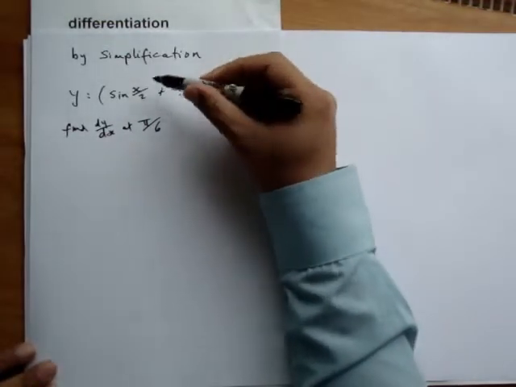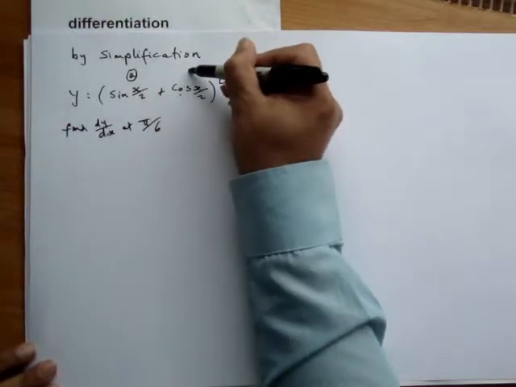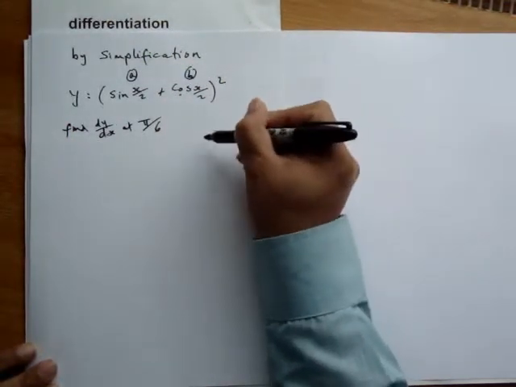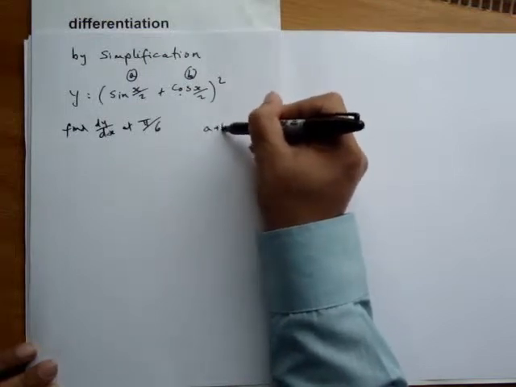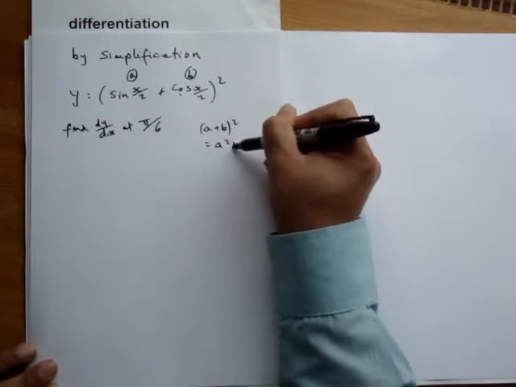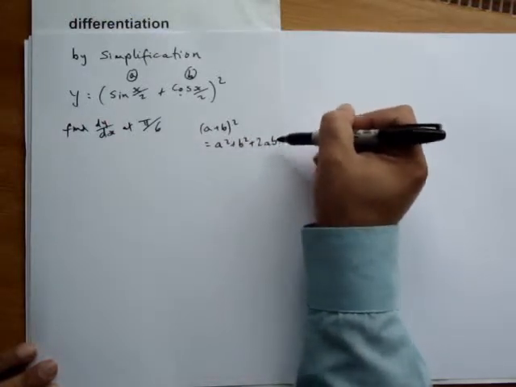Now if we consider this as a and this as b, so it's a plus b all squared. So a plus b squared equals a squared plus b squared plus 2ab.